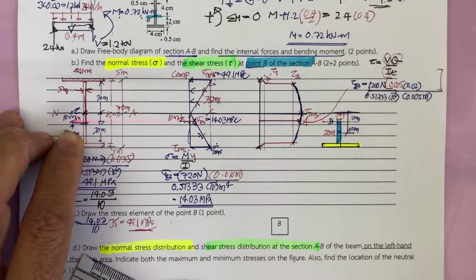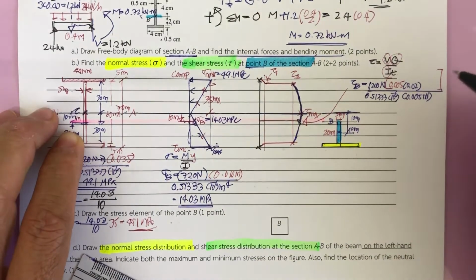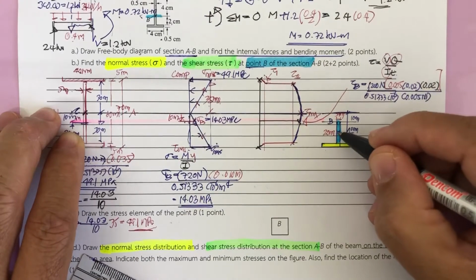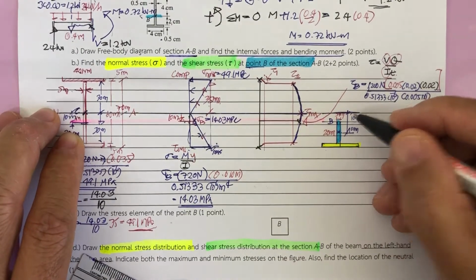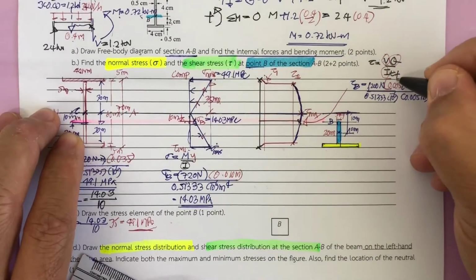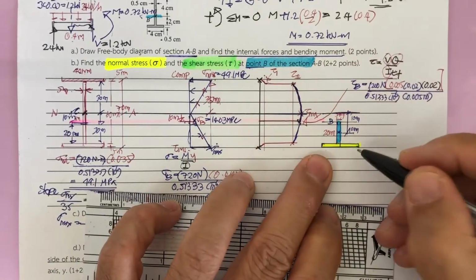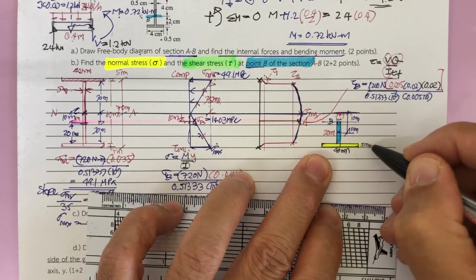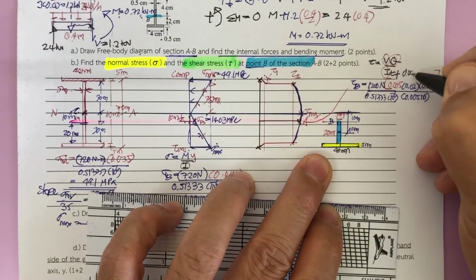So the total of this is going to be 0.02. This is the distance between centroid of this area to this. And you got to add this one, the orange. This is 40 millimeter by 5 millimeter, 0.04.